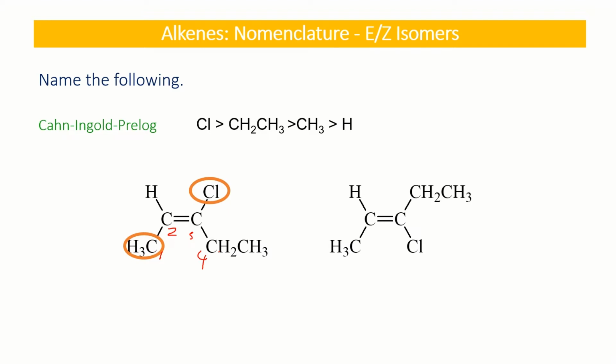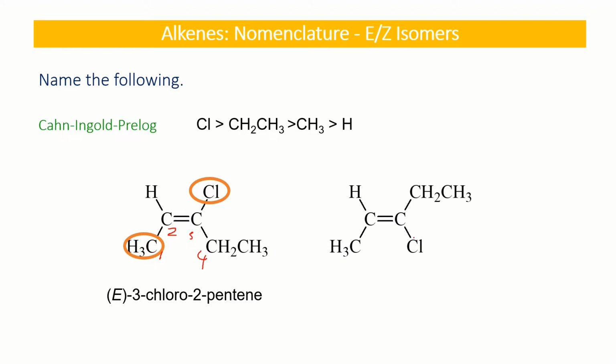And so the chlorine on carbon 3 and the methyl on carbon 2 are the highest priority groups effectively, and so this is a trans species. They're on opposite sides.